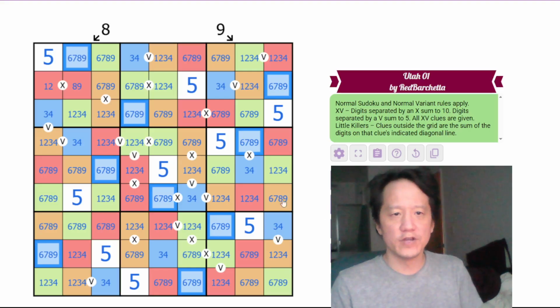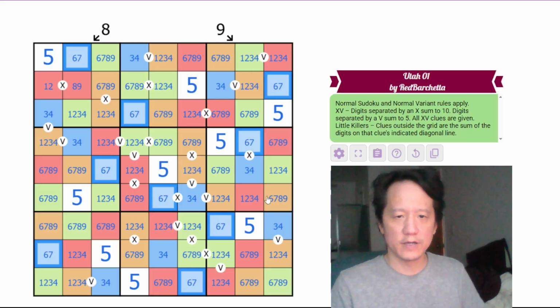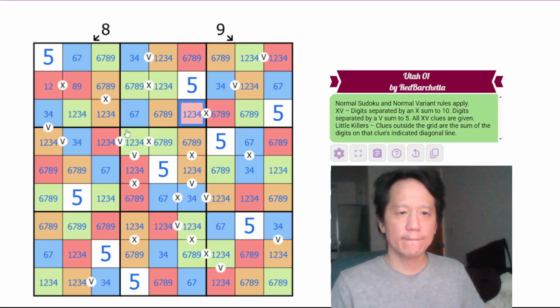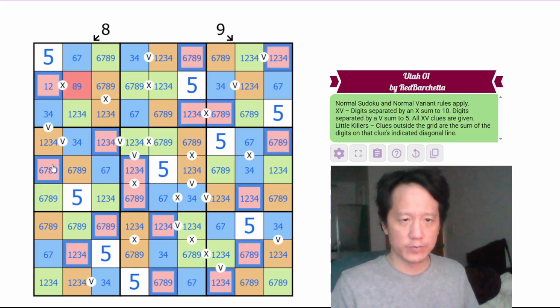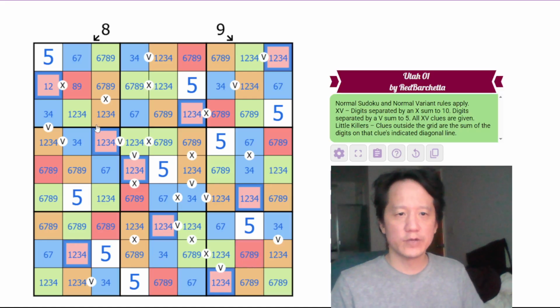So we remove 8 and 9. 8 and 9 here. The low reds must be 1 or 2. So we can remove the highs. So we can remove that. So this has to be 1 or 2.